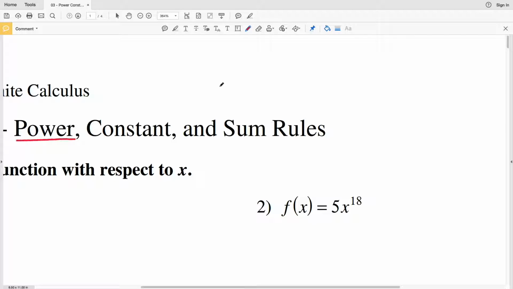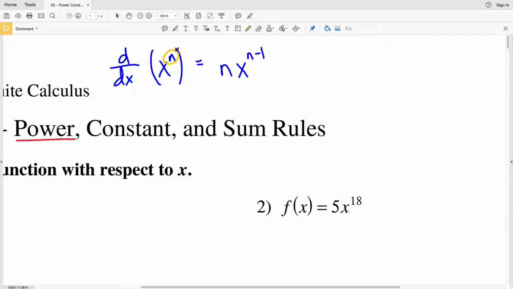Now, for the power rule, if we're taking the derivative with respect to x of some function x to the n, then the power rule says that the derivative of x to the n is equal to n times x to the n minus 1.